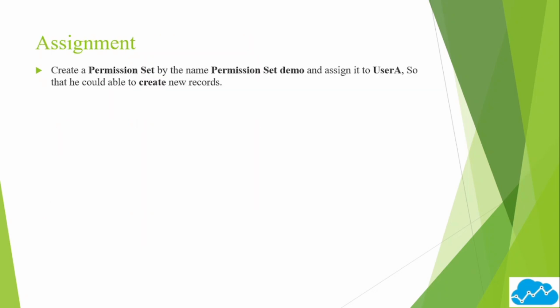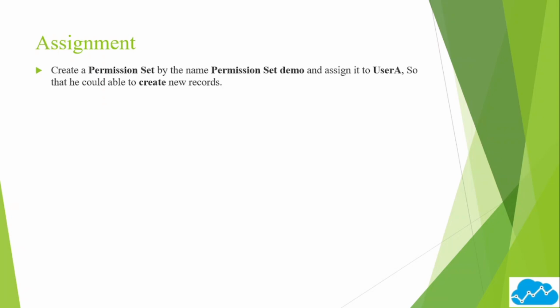So in today's assignment we are going to create a permission set named permission set demo, and we are assigning it to user A. So in our org there is a user A and a user B. We are creating the permission set demo and assigning it to user A, so that he is able to create new records.